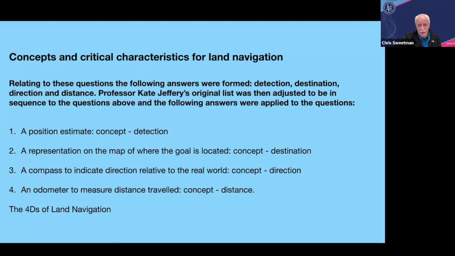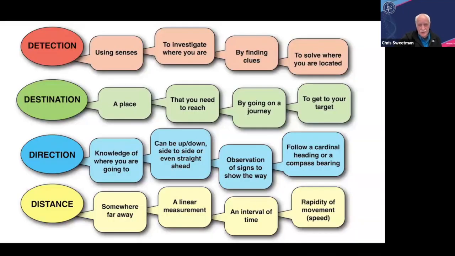So we've got position estimate, detection, where it's represented on the map, destination, direction, and distance. So this is the 4 Ds of navigation. And here is a graphic organizer, showing not only the concept, but also the characteristics, and how those characteristics came about to support the concept. So there's one use of a graphic organizer.